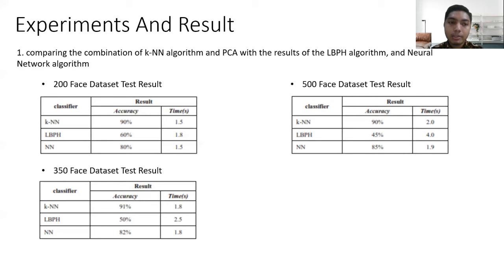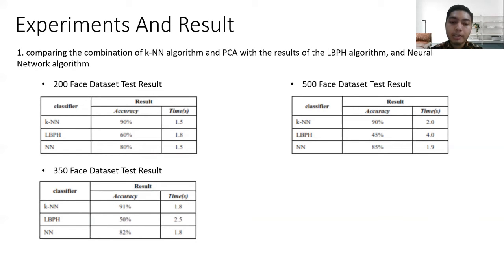The first test case uses a 200 face dataset, and in this test result, the KNN classifier accuracy is 90%, better than the other classifiers, with a time of 1.5 seconds. The second test case uses a larger face dataset, which is 350 faces. In this result, the accuracy of the KNN classifier and neural network classifier is higher than before, but with slower speed.